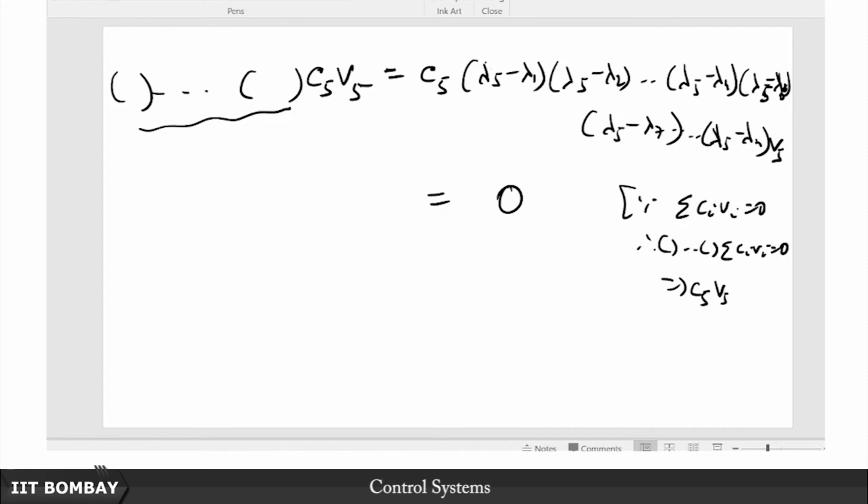But now notice that because the lambdas are all distinct, this is not equal to 0, this is not equal to 0, none of these scalars are equal to 0. And we have also assumed that C5 is not equal to 0, and V5 is an eigenvector.